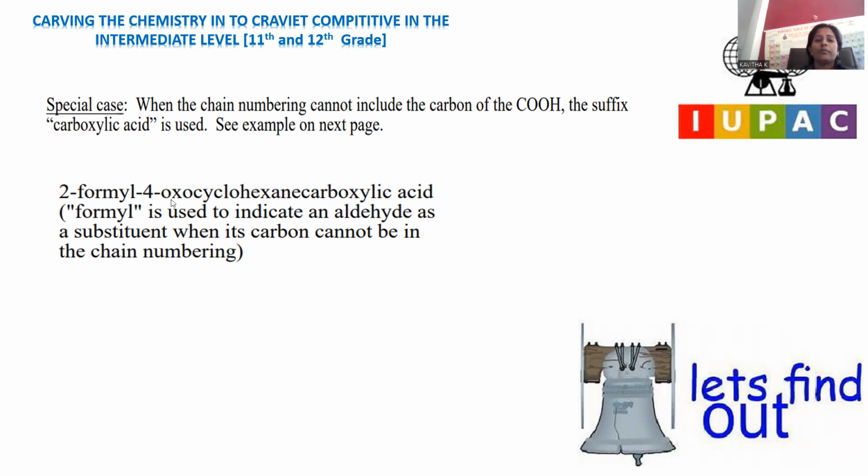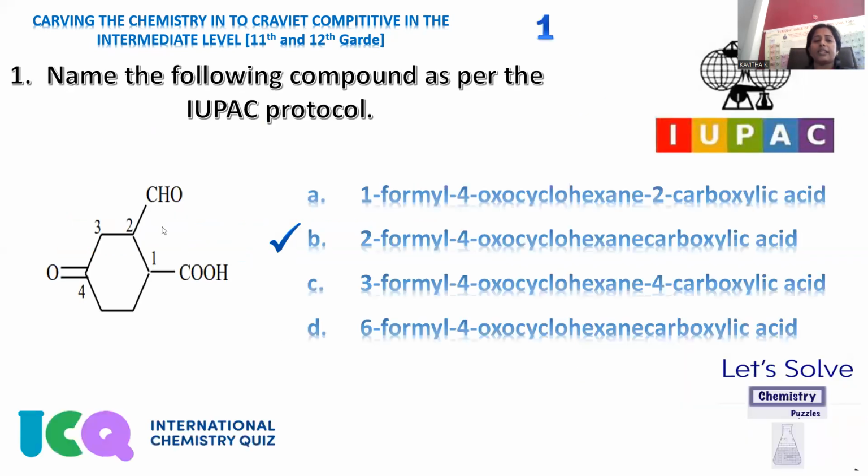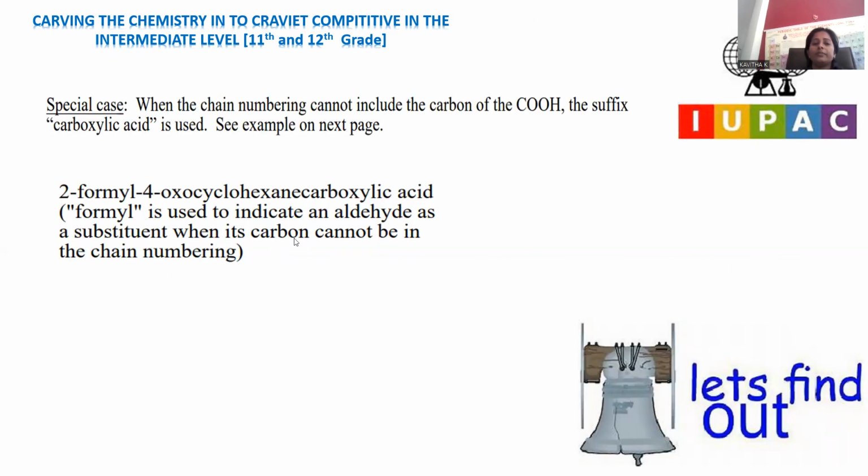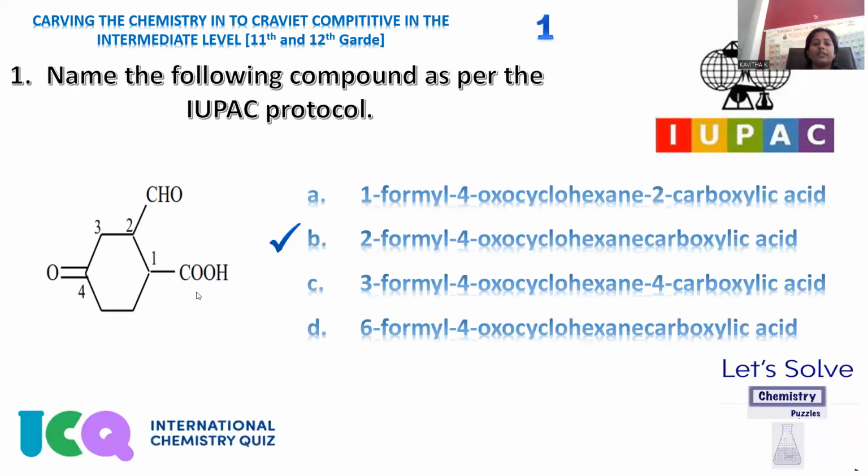So 2-formyl 4-oxo cyclohexane carboxylic acid is the right representation, where formyl stands for aldehyde. The aldehyde is present on the second position. So obviously numbering will start at the carboxylic acid, and formyl denotes the aldehydic functional group. Fine. It is the aldehyde, and this carbon cannot be taken into the chain numbering system.